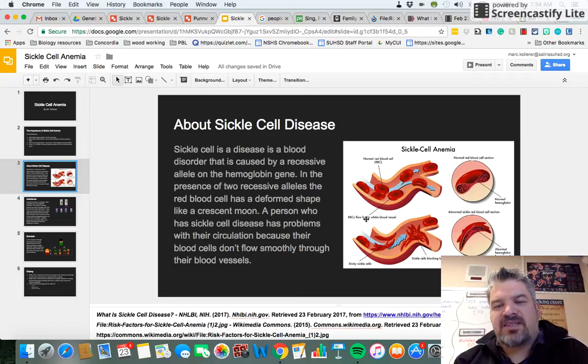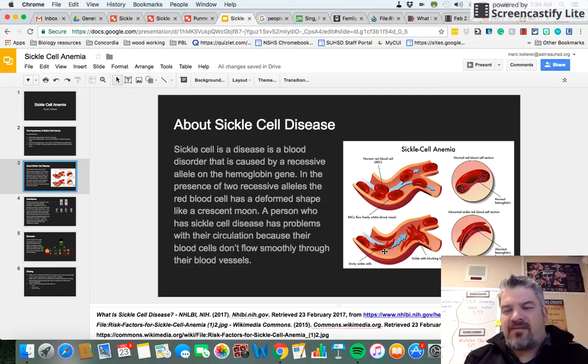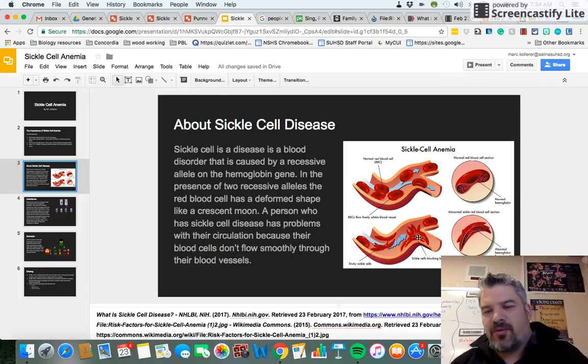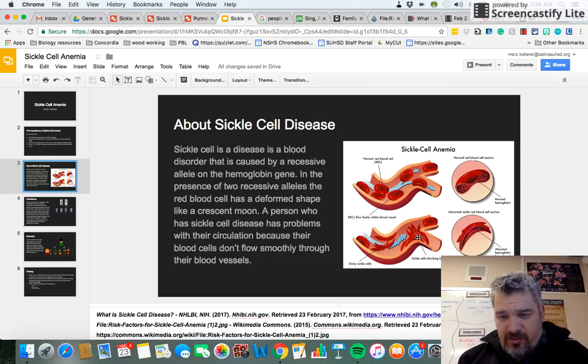People who have sickle cell disease have sickle-shaped red blood cells, and that's caused from a mutation on the hemoglobin protein. The sickled shape causes the red blood cells to get clogged up in the blood vessels. So these people have a problem getting oxygen to all the parts of their bodies because their red blood cells can't flow through the blood vessels.